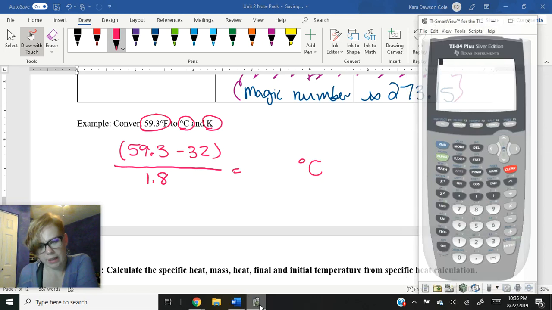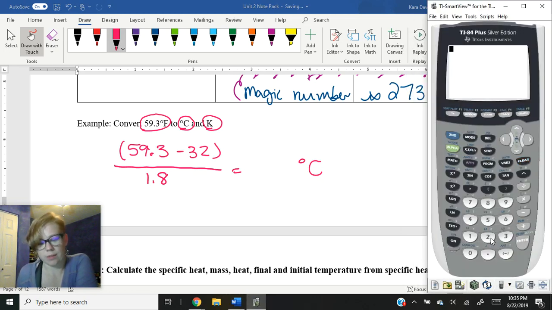So let's look at what this is equal to, right? 59.3. Whoopsie, I forgot my parentheses. 59.3 minus 32, close parentheses, divided by 1.8. That gives me 15.1666667.